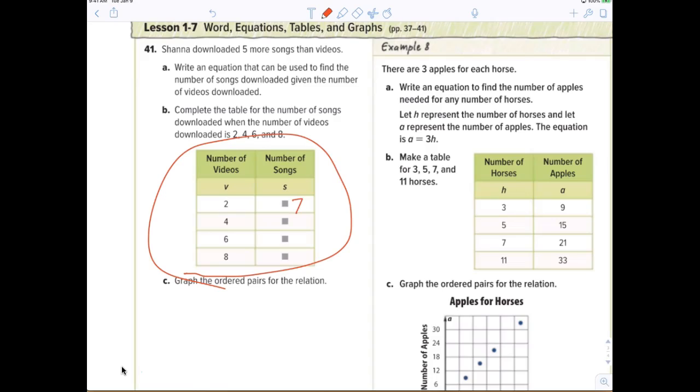Anybody have any questions with that? If she downloaded 4 videos, that means she must have downloaded what? 9. And 6 would be what? 6 videos would be 11. And 8 videos would be?